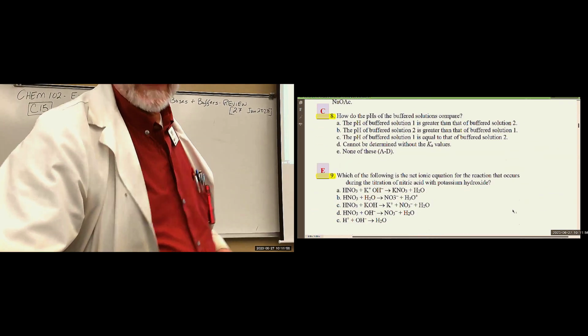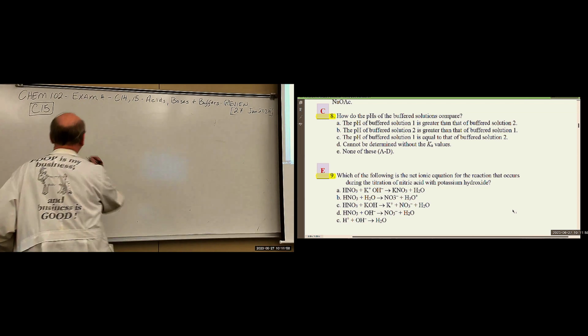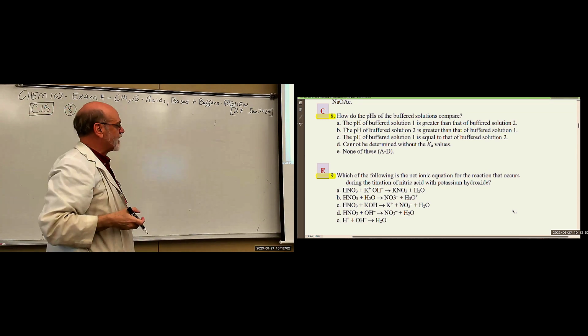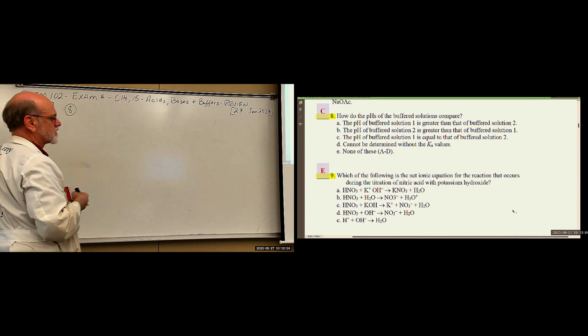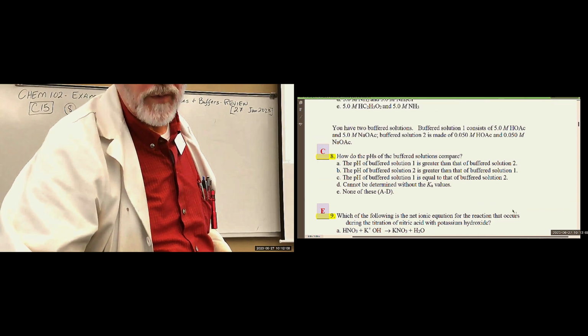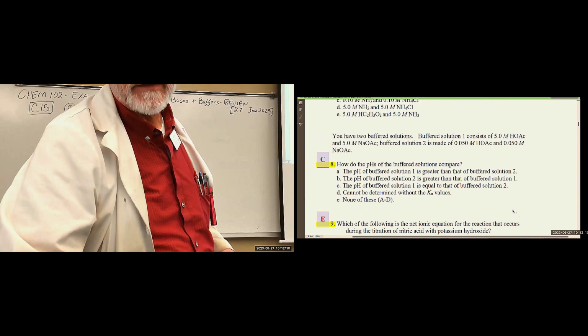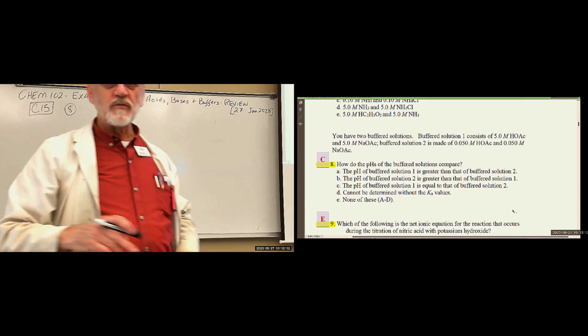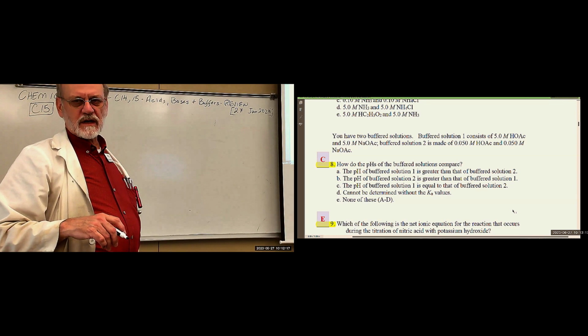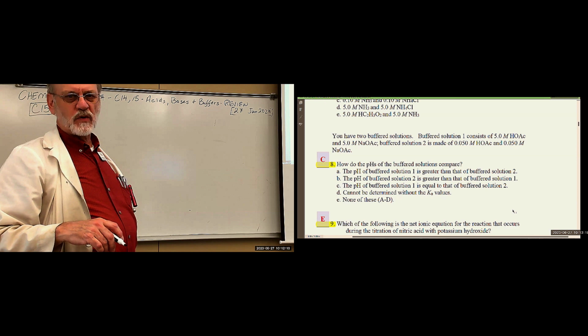8 and 9, got both of those. How do the pHs of the buffered solutions compare? Is that referencing a former statement? Yes, it is. All right, so let's stick with this one. You have 2 buffered solutions. Buffer 1 is 5 molar acetic acid and 5 molar sodium acetate.